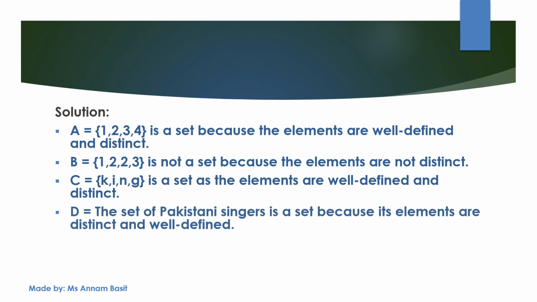Look at the set D, which was the set of Pakistani singers. This is also a set because its elements are distinct and well defined. The singers are clearly defined. What kind of singers are we talking about? Which country do they belong to?